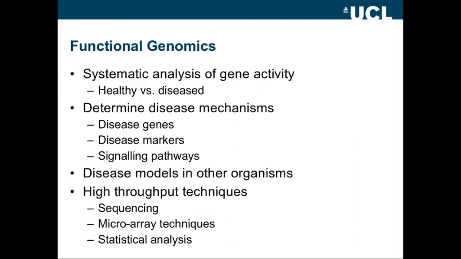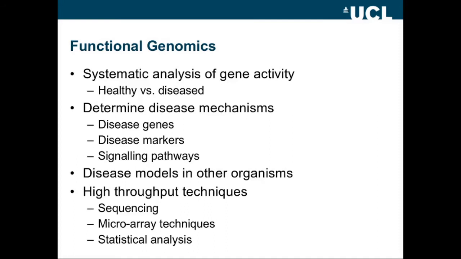That's just done for stability, because messenger RNA tends to degrade. We can then sequence it in order to look at gene activity in healthy tissues versus diseased tissues. This allows us to identify genes that are involved in disease or are markers of disease.